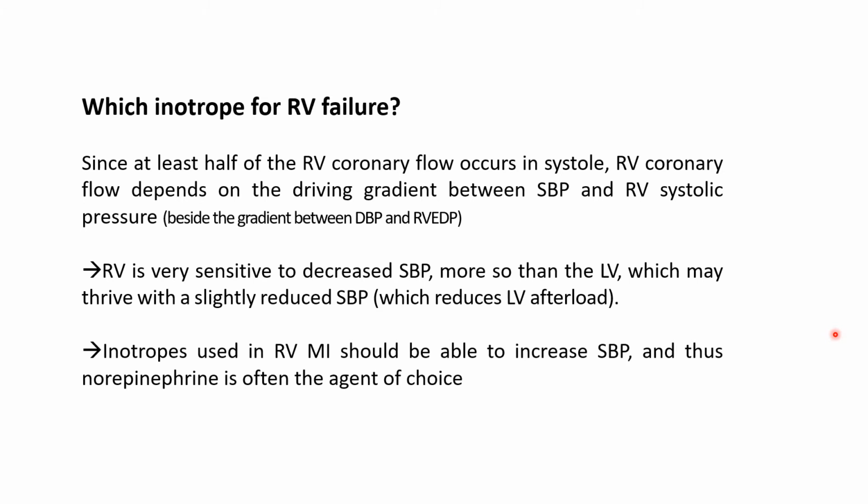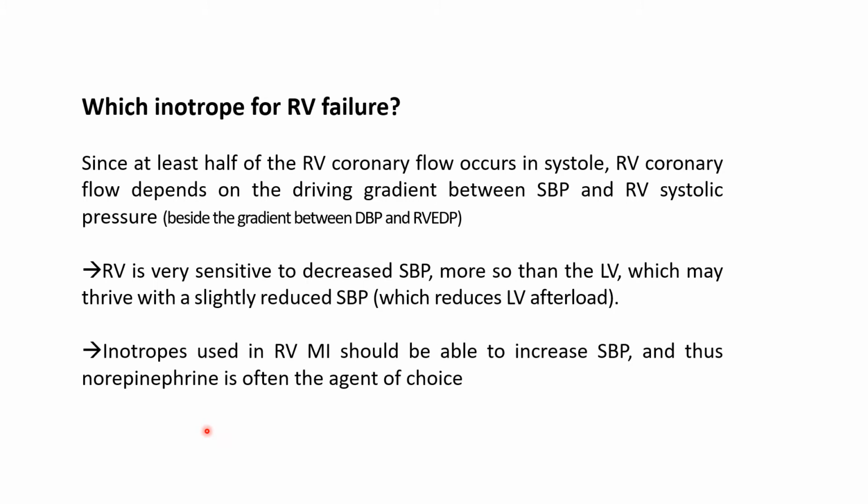which may actually thrive with a slightly reduced systolic blood pressure that reduces LV afterload. In fact, the LV coronary flow is mostly diastolic, 80 to 85% diastolic, which explains that this LV flow is not dependent as much on systolic blood pressure, and that explains why the left ventricle may actually thrive with a slightly reduced systolic blood pressure that improves the LV afterload.